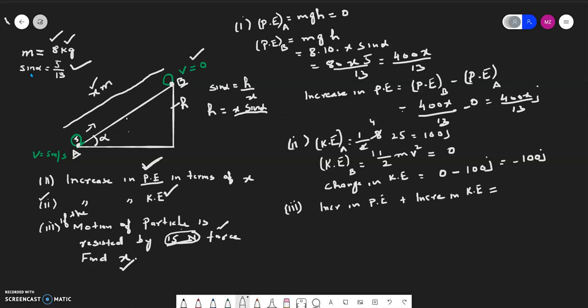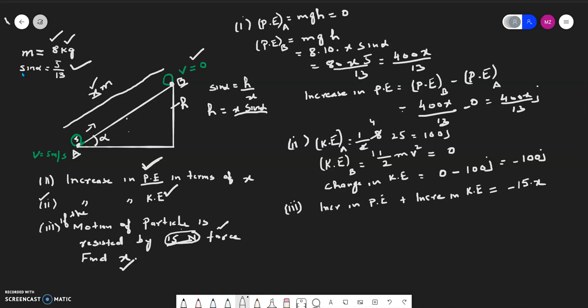So the work done will be negative, and it is the product of force and displacement, so it will become minus 15 into displacement, which is x. This is the only work done here, because we have got only one force given in this question. There is no other force.